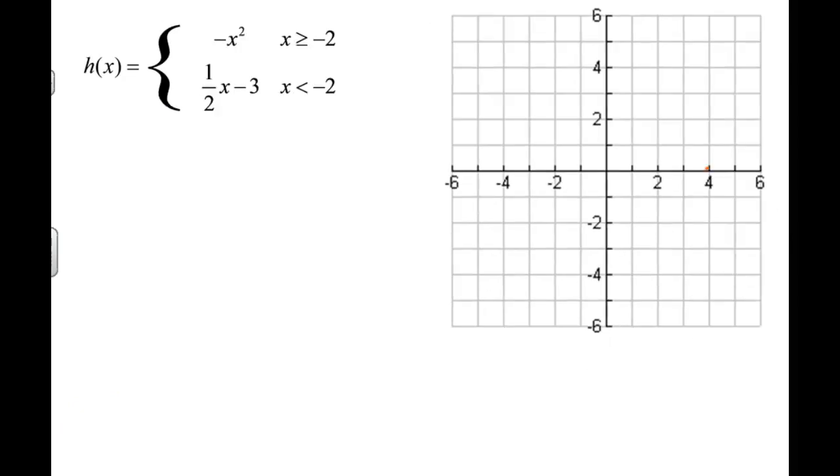Let's do another one here. So in this case, I'll just tell you a little hint here. When you have a negative out in front, what it does to that function is, you had like these 5 points here. You had this point, this point, this point, this point, and this point.